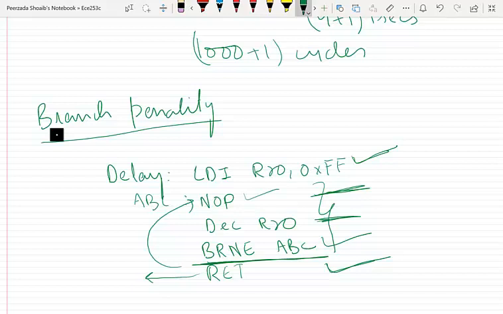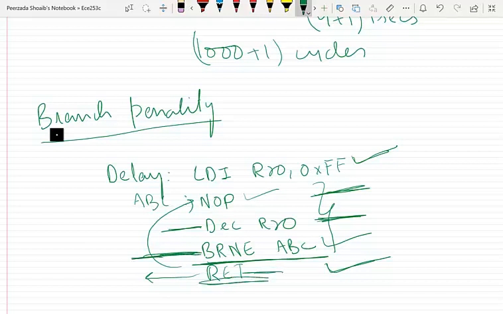Whenever there is a branch instruction where the control goes out of sequence, pipelining doesn't work there. Again I will repeat: when this instruction was executed, the processor had already fetched the next instruction, and when that was executed, the processor had already fetched the RET instruction.